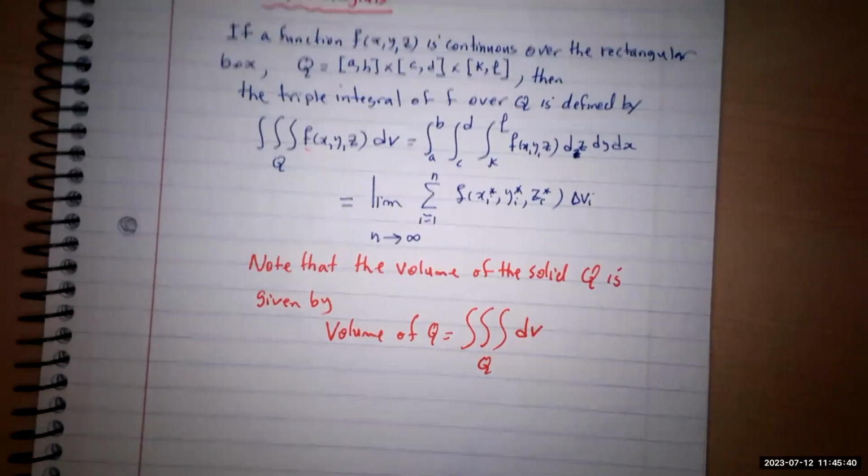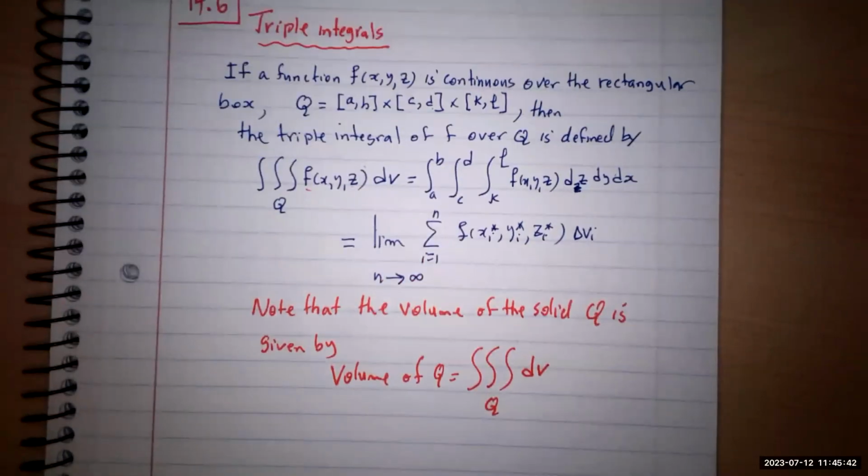We usually do the volume problem using the double integral. If you want to use a triple integral, you have to replace that function by 1, because that gives you simply dx, dy, dz, and you'll be able to do it.